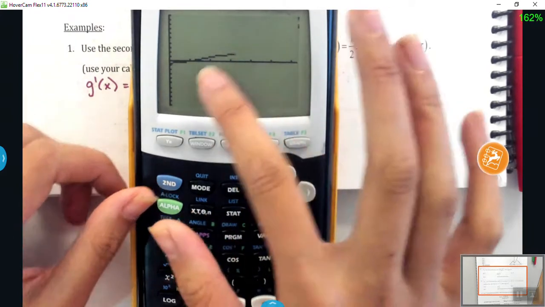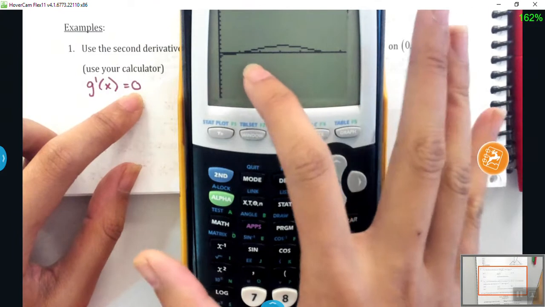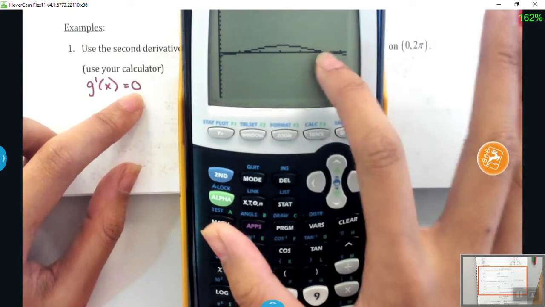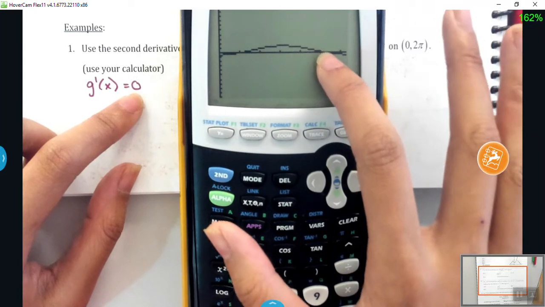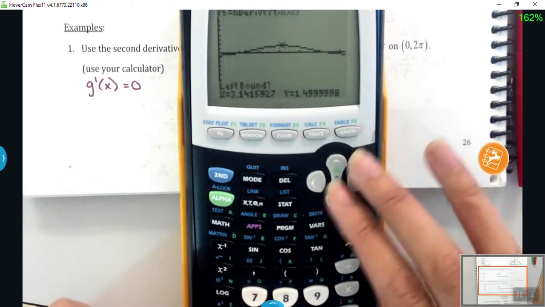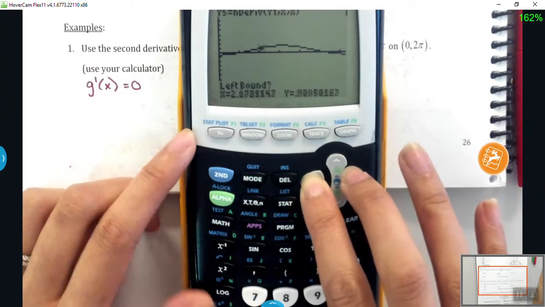All right, so we want to know where it equals 0. So we are going to do the, somebody find me this one, and I'll find this 0. So second calc 2, 0. I'll find this one, you find that one.